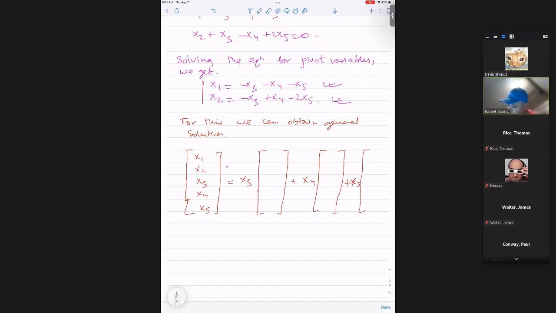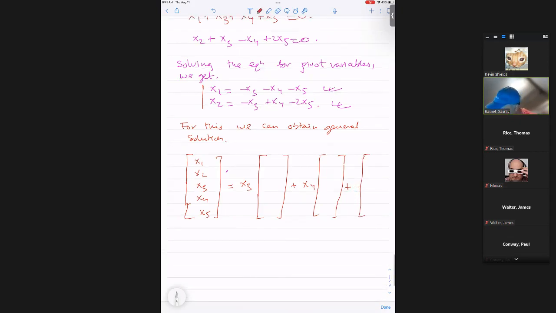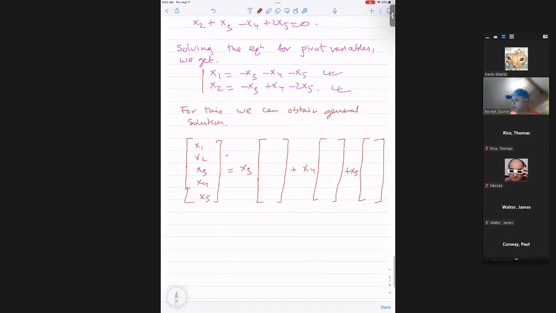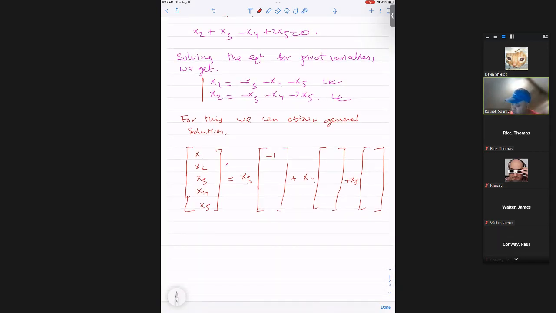Because we already know the values for x1 and x2, we don't know these values. So for x1, x3 is -1, x4 is -1, x5 is -1, if you compare this with this equation. Do you guys follow that? For x2, x3 is -1, x4 is 1, and x5 is -2.